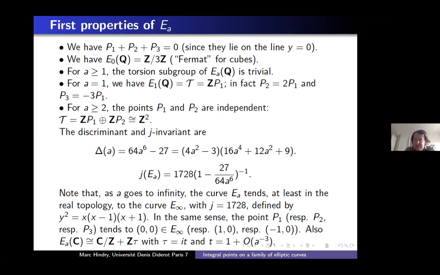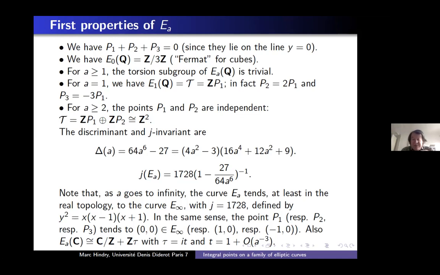We will use that later when we reduce modulo A: our elliptic curve gives, of course, this group Z over 3Z. Another observation is that for A at least 1, the torsion group in the group of rational points is always trivial. That's not so easy, but not so difficult. I skipped the proof.